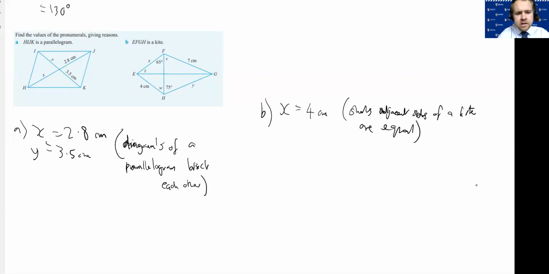And then let's do Y next. So Y is also going to be 7 centimeters, okay, because the long adjacent sides of a kite are equal.